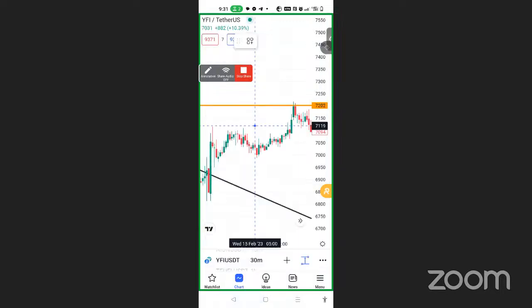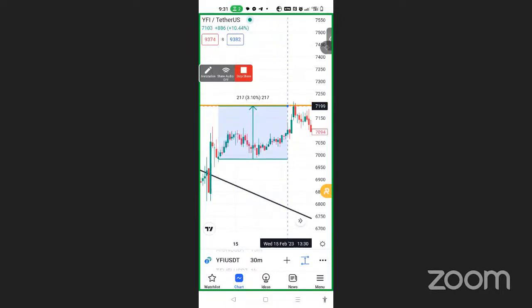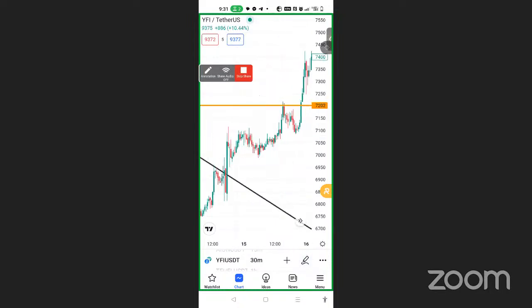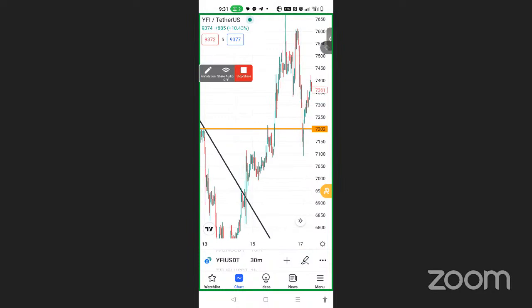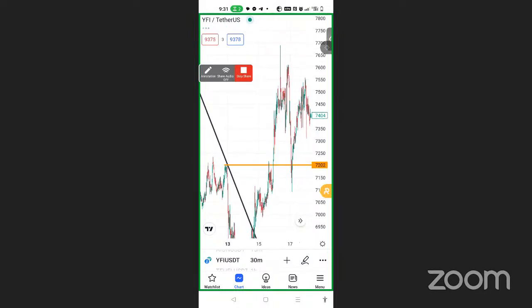Pick this price range, put it at the area of your entry, which could be here, to this area here. This is over 3.1%. And if you were strong enough to stay in the trade after the breakout, see how massive this trade went. It really went so high before moving down up to this point here after the breakout.